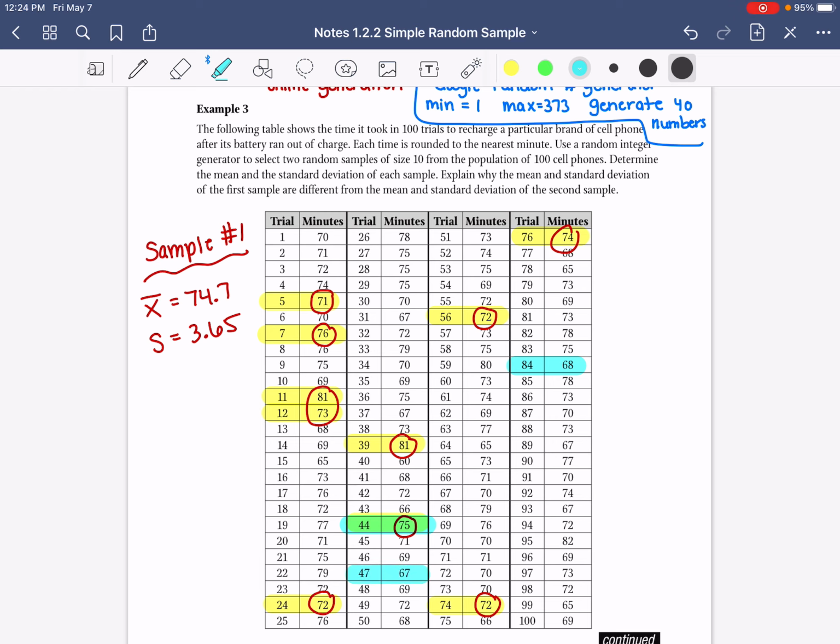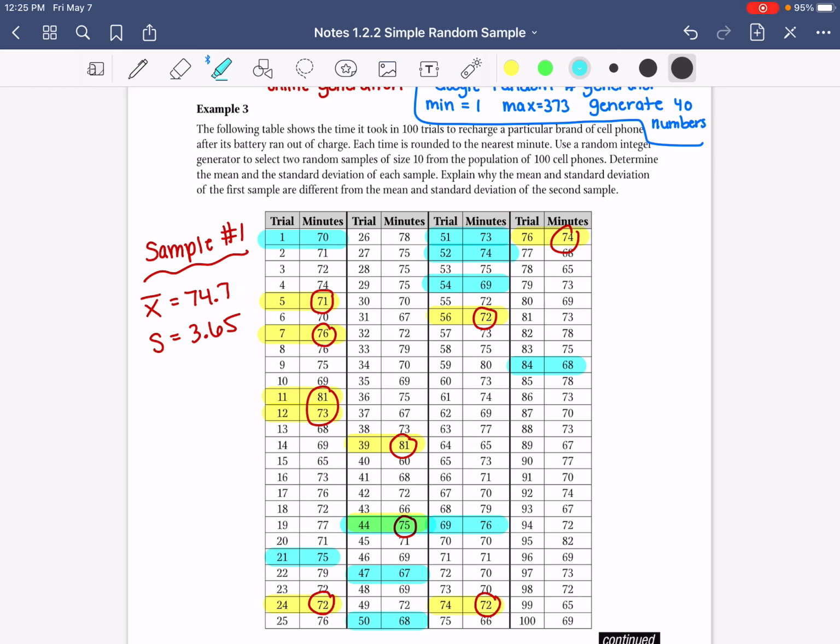I got 47, 52. 47, already have, so I'm going to do a different one. 54, 69, 51, 2, 4, 2, 4, 6, 7, so I need 3 more. 50, 21, and number 1. So that's 1, 2, 3, 4, 5, 6, 7, 8, 9, 10.